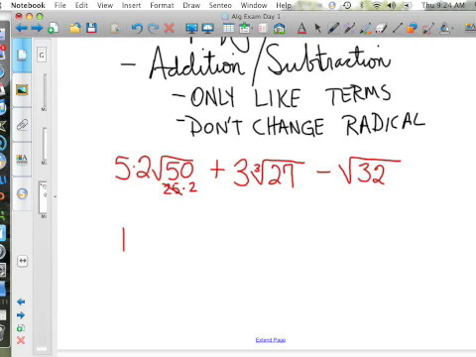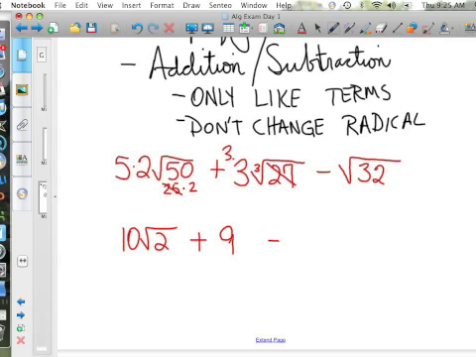So this reduces to 10 square roots of 2. 27 is under a cubed root, and 27 is a perfect cube. 27 is 3 cubed. And I've already got a 3 out here, so I'm going to multiply them together. Now if you take everything out from under the radical hat, what happens to it? It disappears. You're done. You've simplified it.